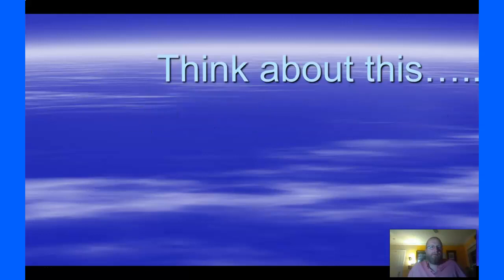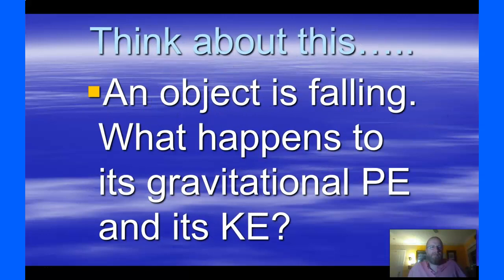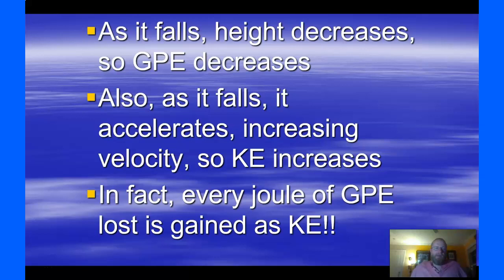Alrighty, well, what y'all think about this? An object is falling. What happens to its gravitational potential energy and its kinetic energy? Let me just walk you through it. As it's falling, the height gets smaller. Height's part of the GPE equation, so as it falls, it loses gravitational potential energy.